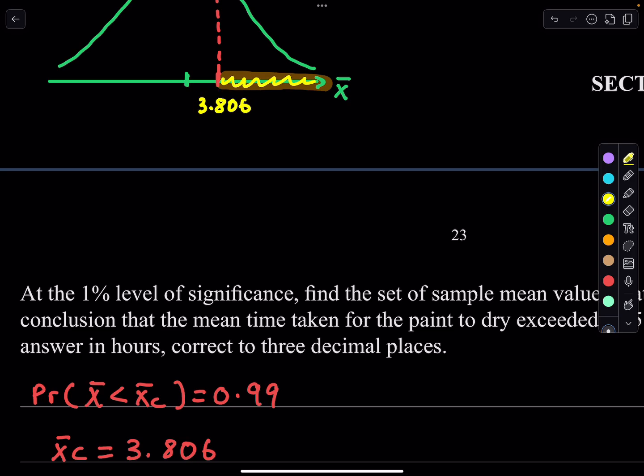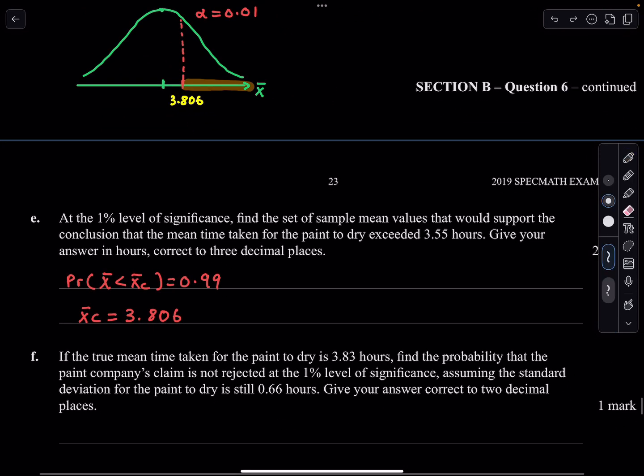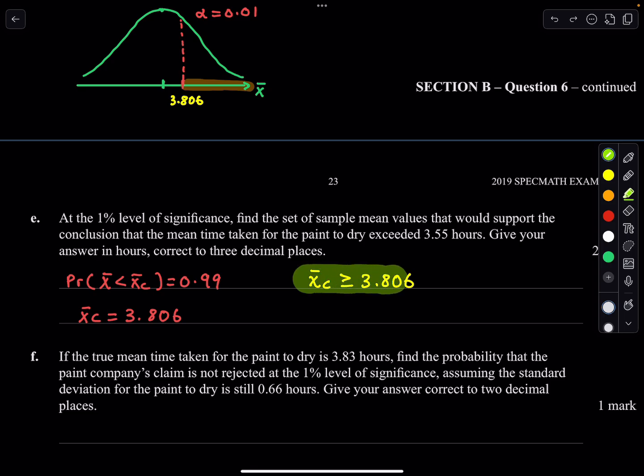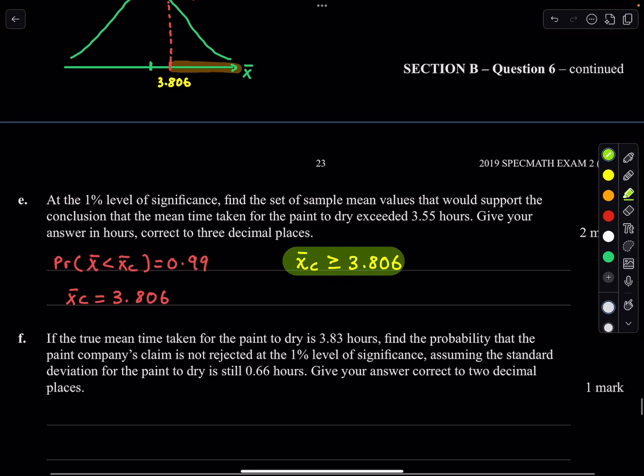That will always give us values where we can reject the null hypothesis, and always accept that the company's claim is true, that the drying time exceeded 3.5 hours. Really nice question.